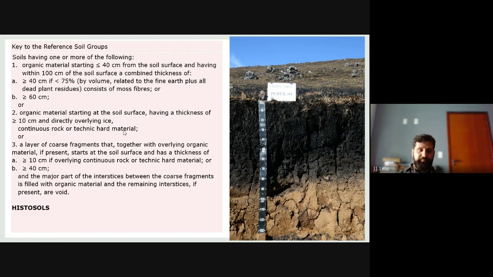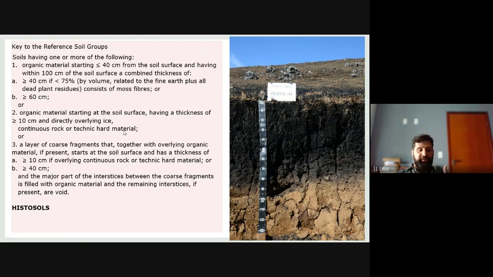If I find this material at the surface, but I can find coarse fragments that together with the overlying organic material start at the soil surface and have a thickness of 10 centimeters, overlying continuous rock or technic hard material, it also is a histosol.